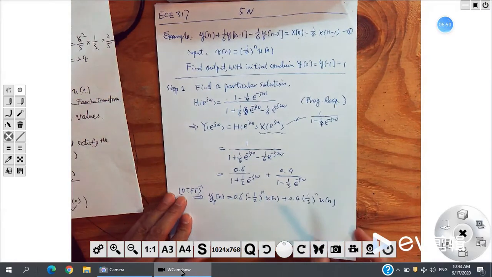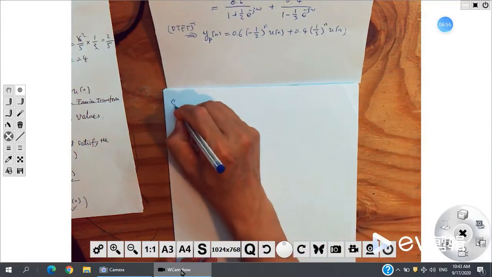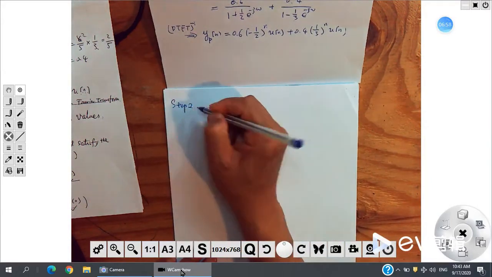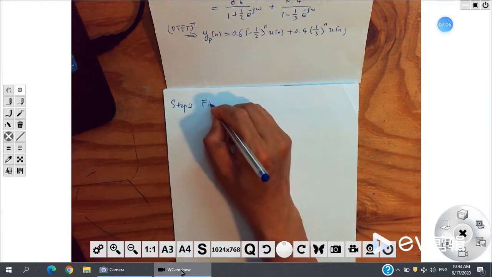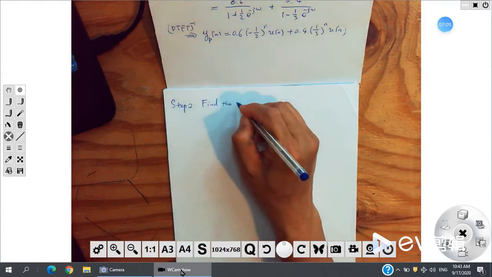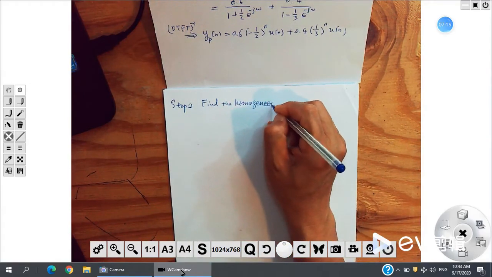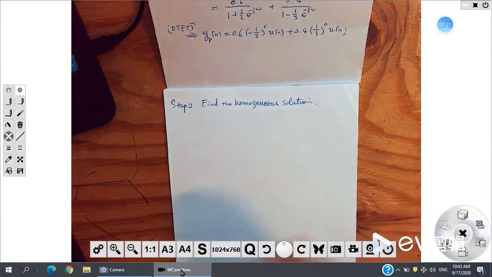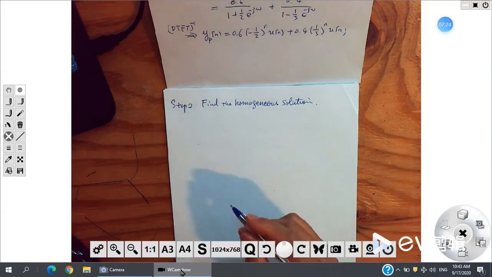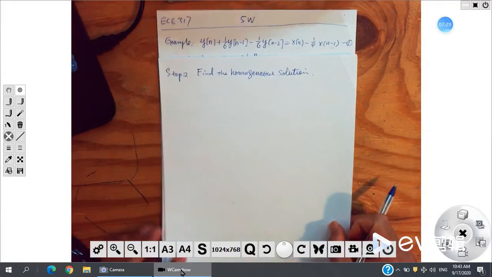Then the second step, step 2, we need to find the homogeneous solution. This one depends just on the original equation; you just remove this part.